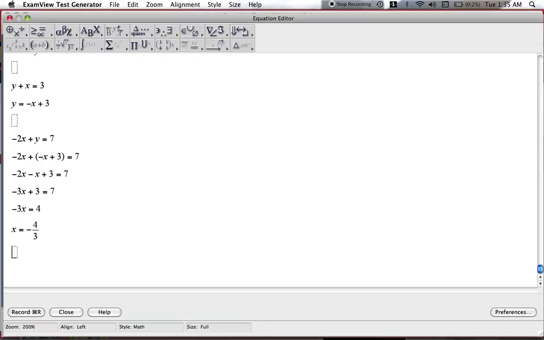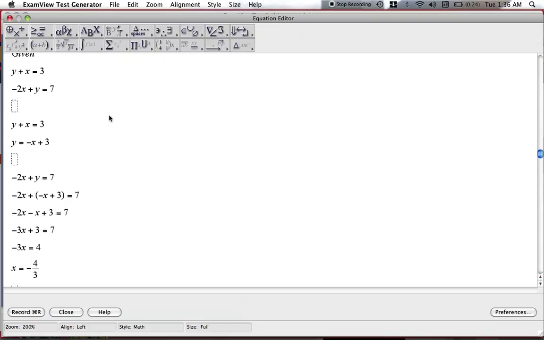Okay, once we've gotten our x value, we can plug that into either original equation, so we can plug it into y plus x equals 3, or y equals negative x plus 3. Sorry, those aren't both original equations.